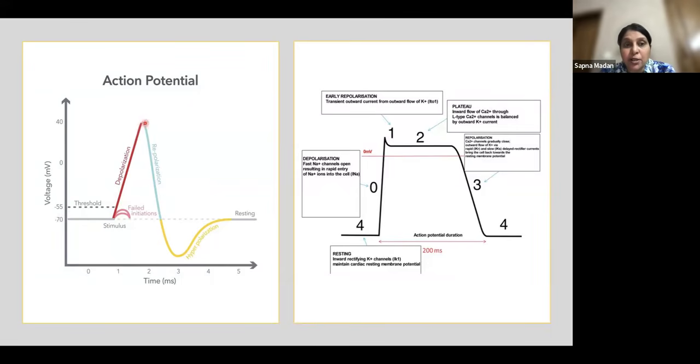Once it reaches a potential of 30 millivolts, that is the time that the voltage gated sodium channels will shut and the voltage gated potassium channels will open up.